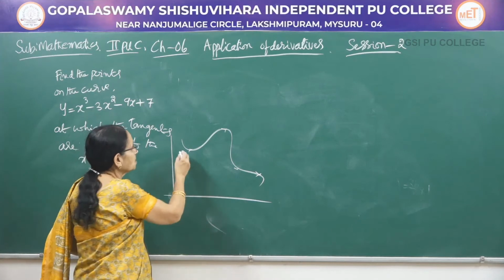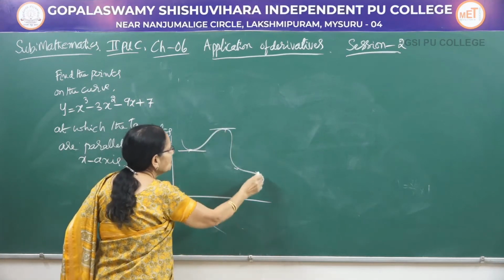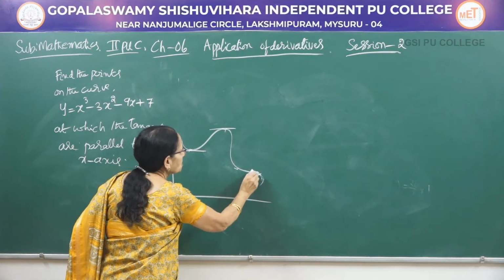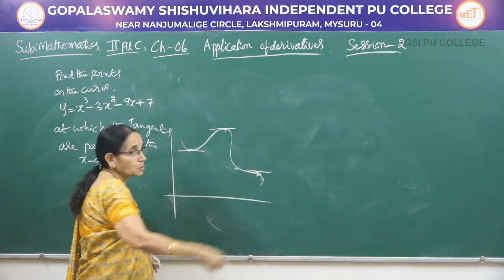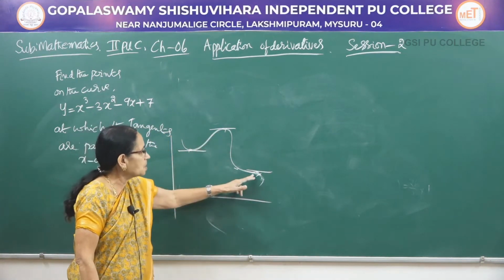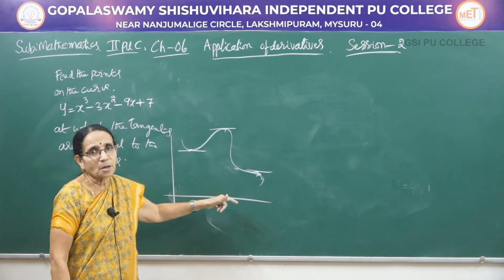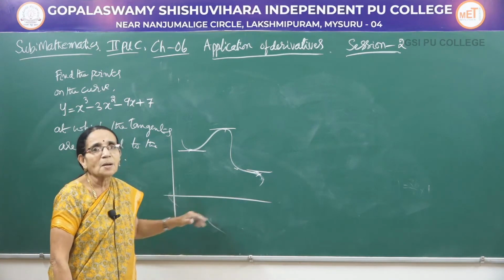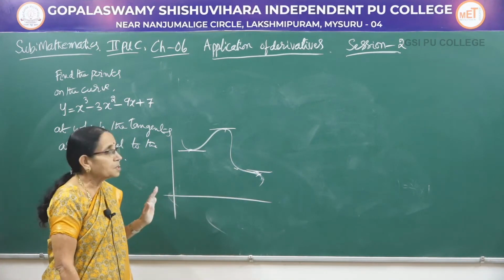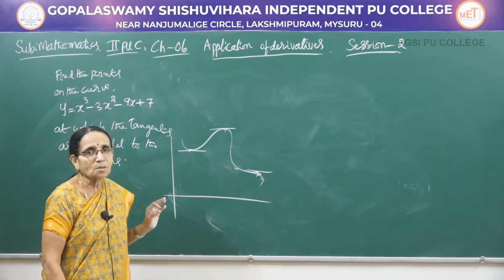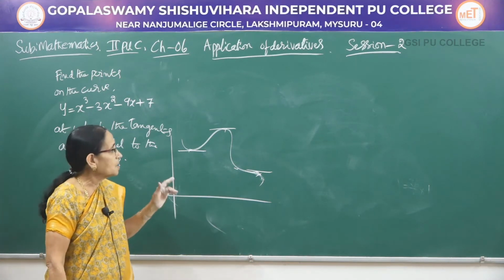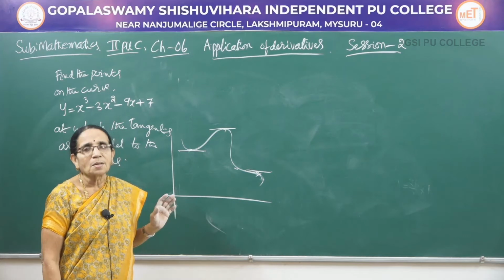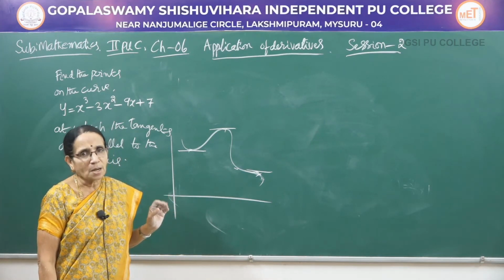At these points, suppose you draw the tangents. You observe that the tangents drawn at all these points are parallel to the x-axis. So if dy by dx equal to 0, that's a note I had given you. If dy by dx equal to 0, the tangent is parallel to the x-axis.